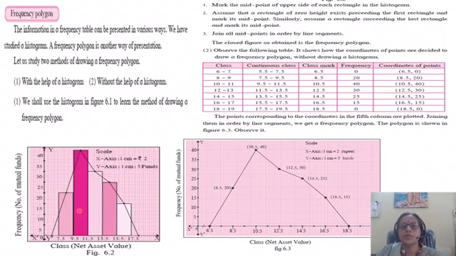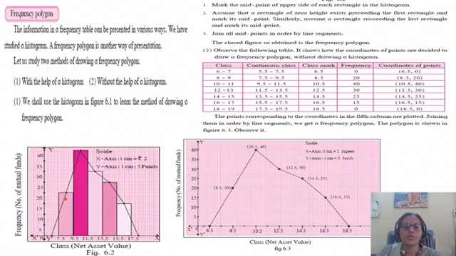Mark the midpoints of the upper side of each rectangle in the histogram. Assume that a rectangle of 0 height exists preceding the first rectangle and succeeding the last rectangle. Now note down these midpoints, including the rectangles with 0 height.